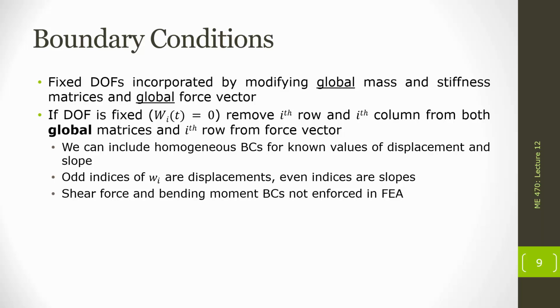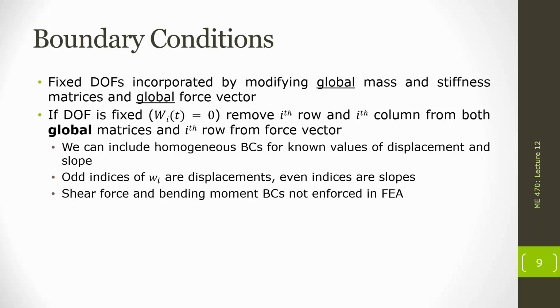If we have zero internal bending moment or zero internal shear force, no modification to the stiffness or the mass matrices is needed. And again, what we want to keep in mind, which is sometimes hard to remember here because we have twice as many degrees of freedom as we had in the axial problems, is that odd indices, and therefore odd rows and columns, pertain to vertical displacements, and the even indices pertain to the slopes of the nodes.